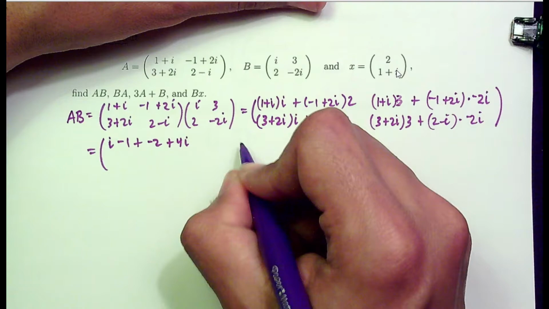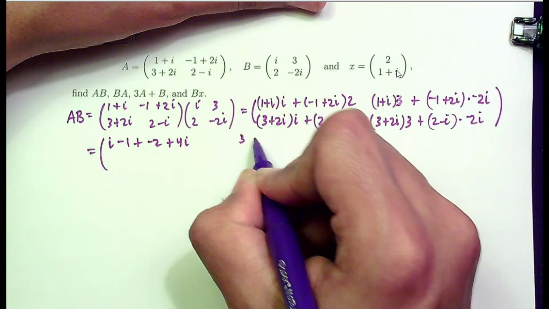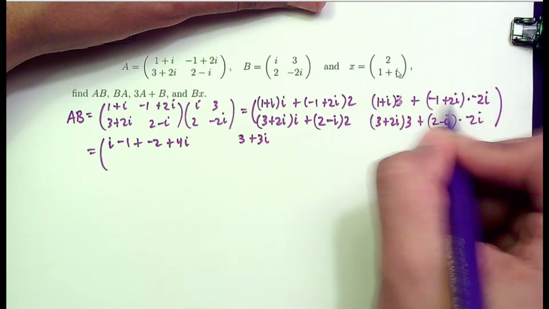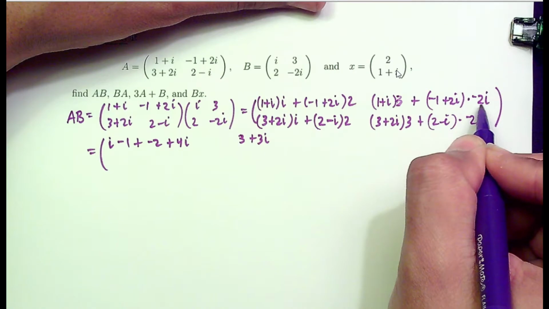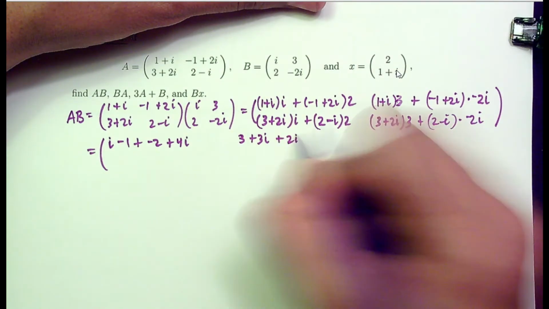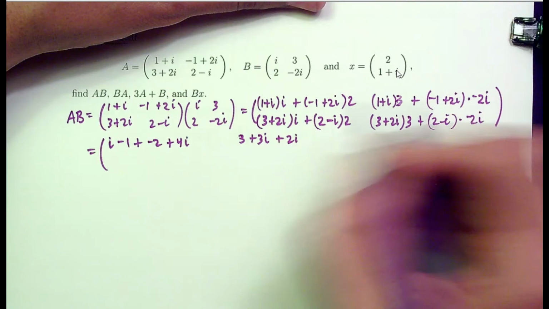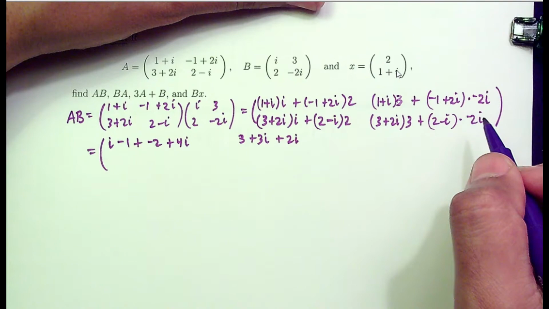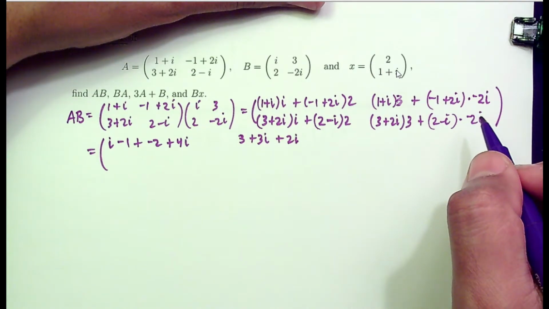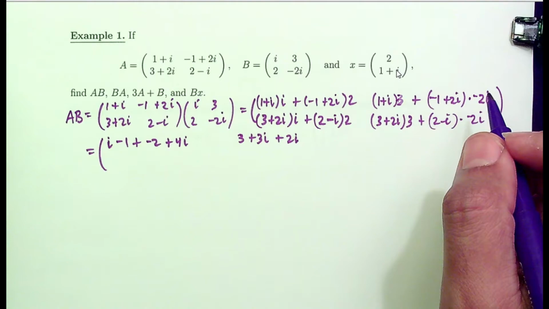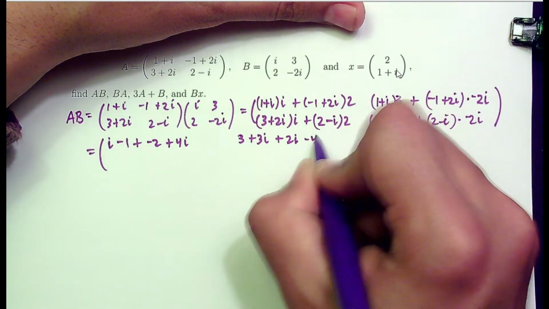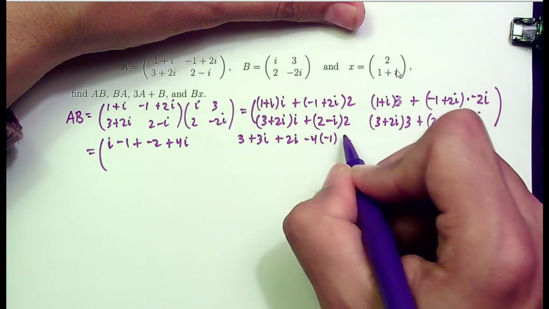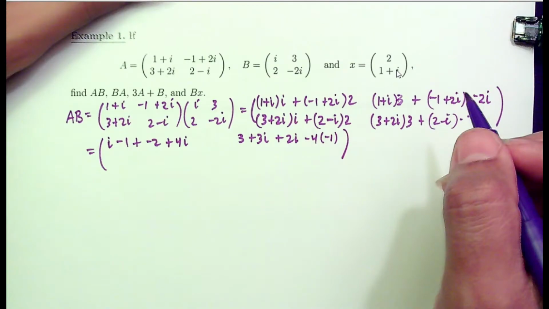Distributing these, you would have 3 plus 3i, and then negative and negative is going to be positive, so positive 2i, and then this would be negative 4i squared. i squared is negative 1, so we just write negative 1.